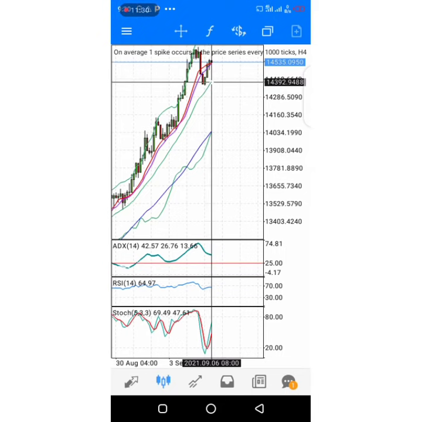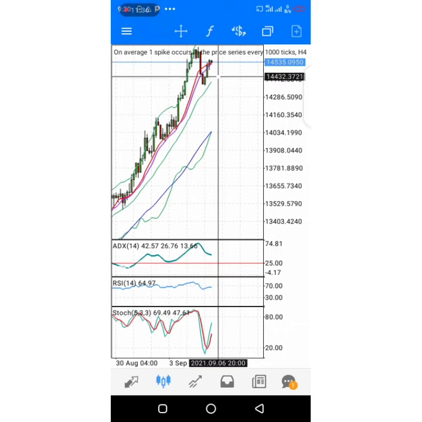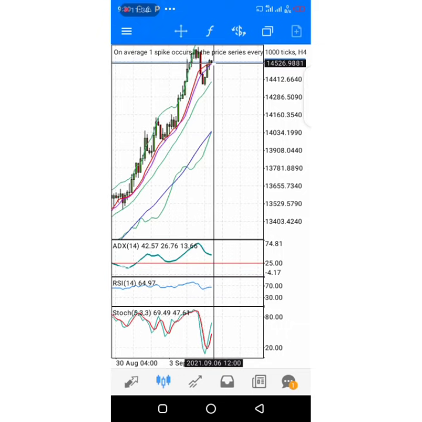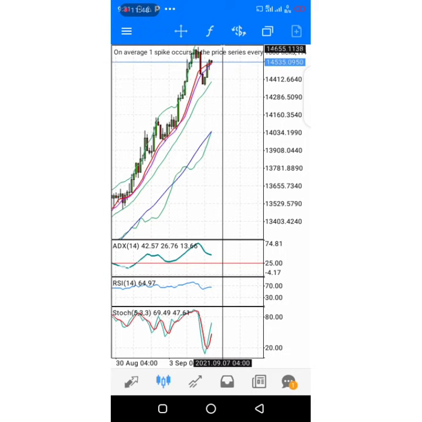From what we see here, what happens now? From analysis, we should be expecting this H4 candle to be a buy candle. And from this very time now to 4 hours time, we are going to be seeing a very strong buy.